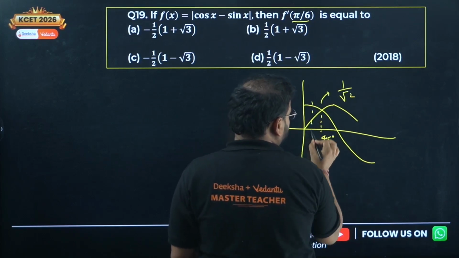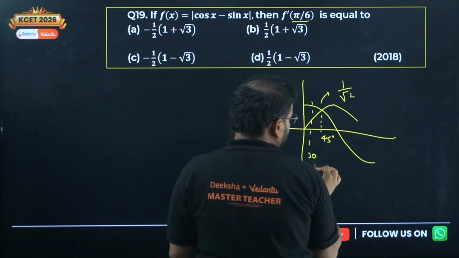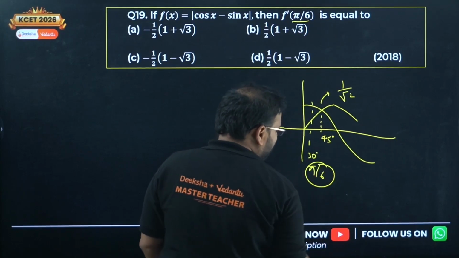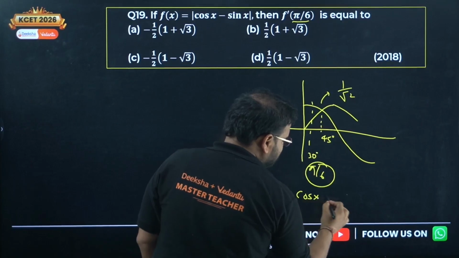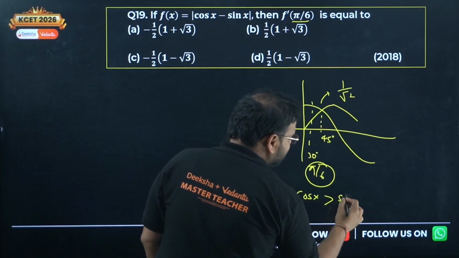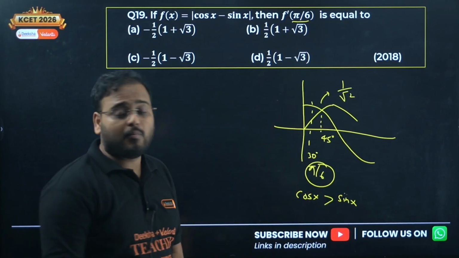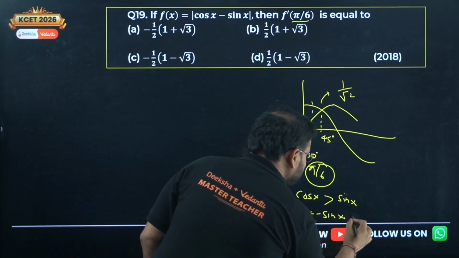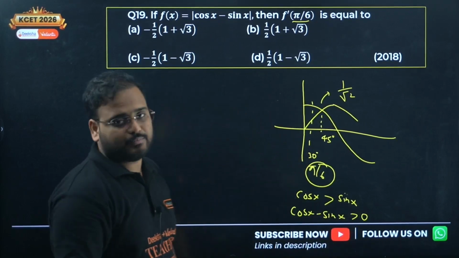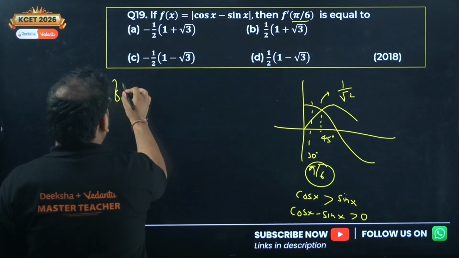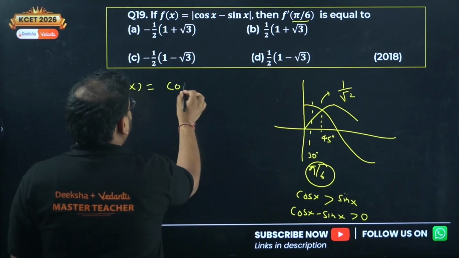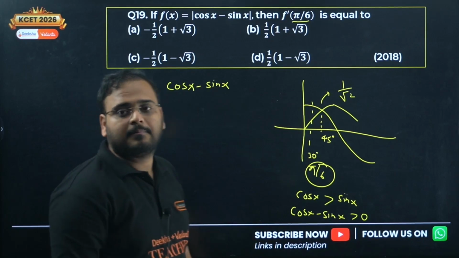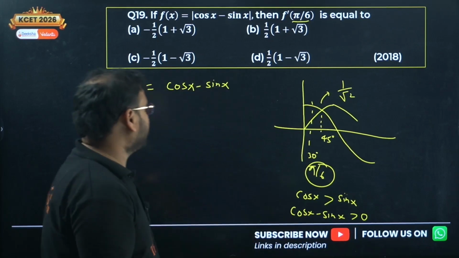And over here somewhere you will have 30 degrees. What is 30 degrees? Pi by 6. So at pi by 6, what happens? Cos x is more than sin x. It means cos x minus sin x is positive, more than 0. So the modulus I can open directly now. No need to write modulus because this is a positive quantity.